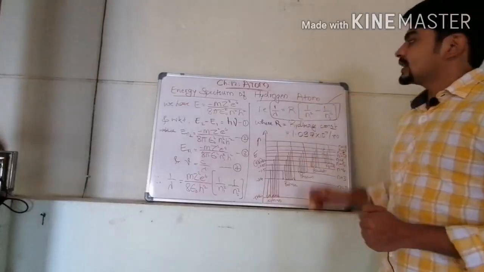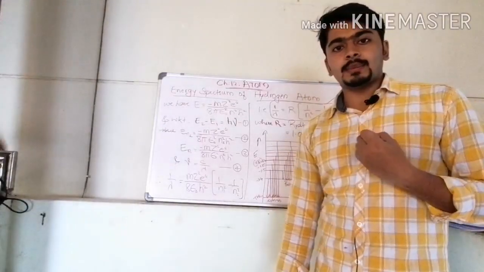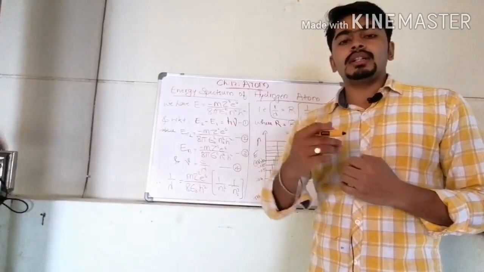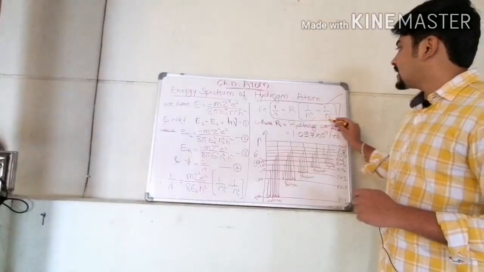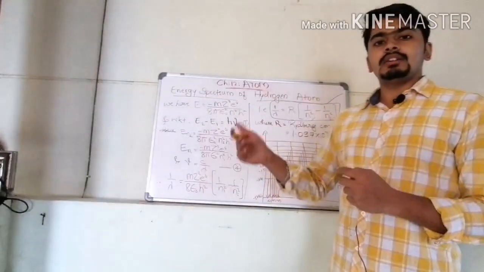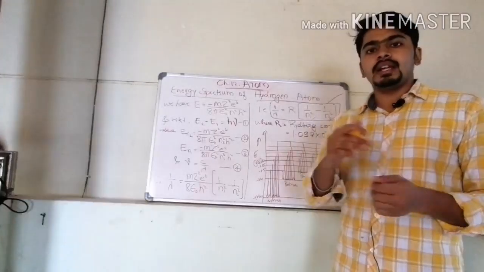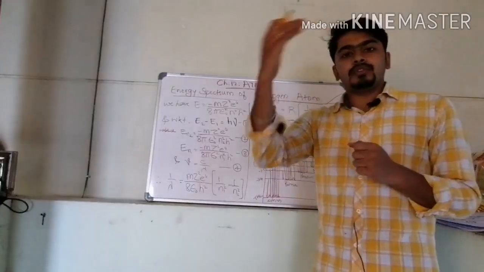Using this equation, we can get the line spectrum of hydrogen, how the different energies are liberated, by substituting the values of n1 and n2. n2 refers to the higher energy level, where the electron jumps from. n1 refers to the lower energy level, where the electron jumps to.